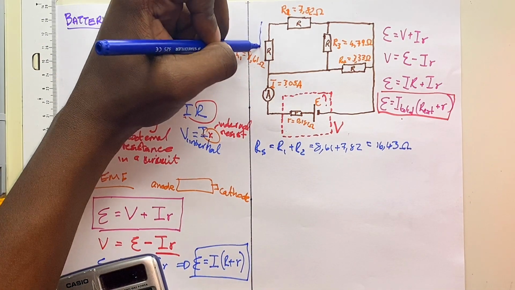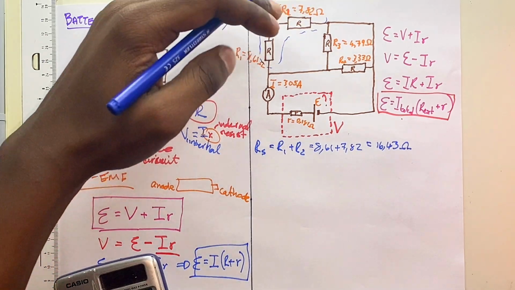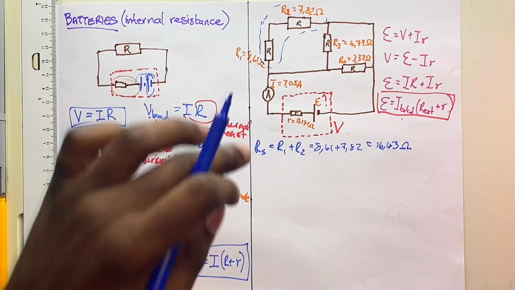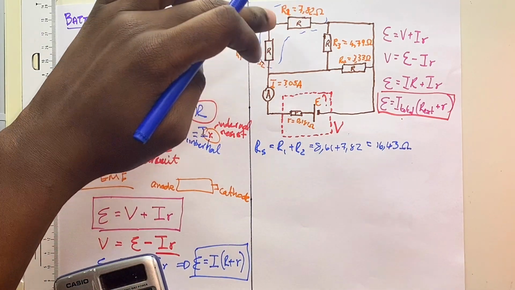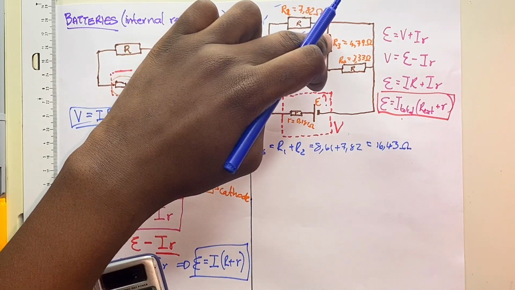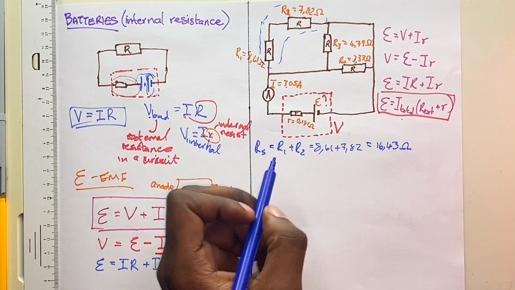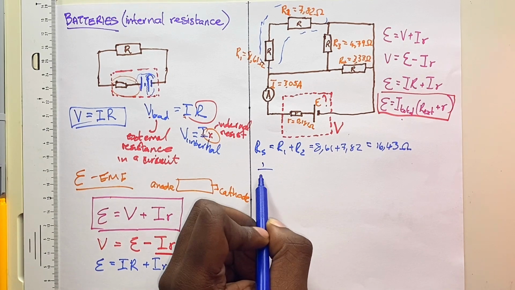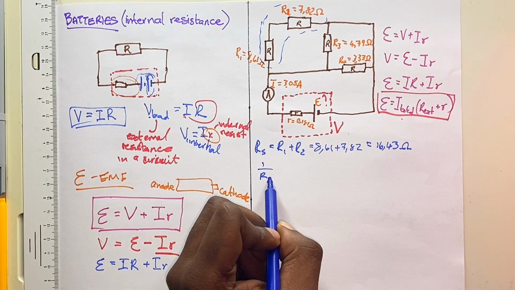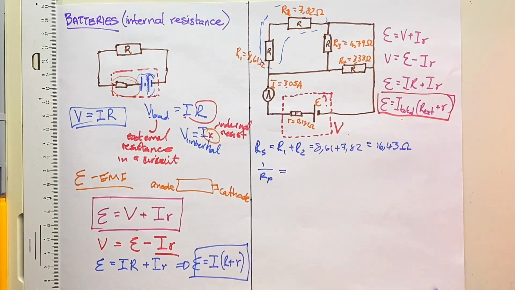Now, compared to these two, the other resistors are connected in parallel to those two. So resistor 1 and resistor 2 make one big resistor, and that is parallel to resistor 3 and resistor 4. And to calculate resistance in parallel, we'll take 1 over resistance in parallel, and then we add up all those resistors that are in parallel, but we take the inverses.